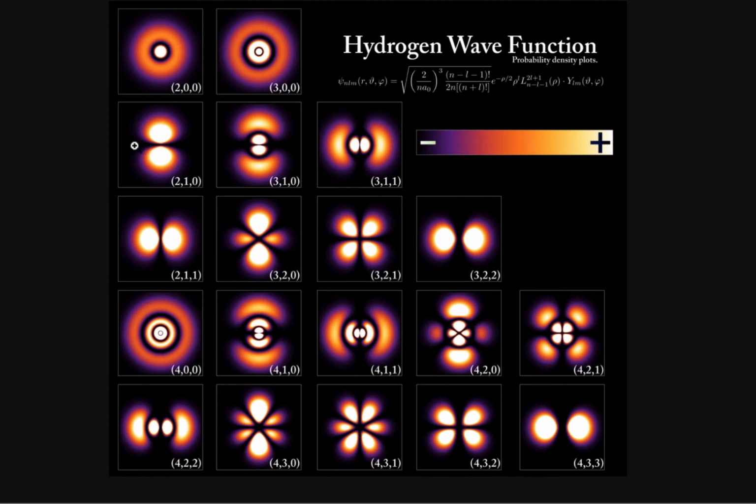And we have angular nodes that look like just a dividing line, so maybe like a plane if we were in 3 dimensions, or just a line. So take a moment here and look at this beautiful picture and try to identify for yourself some of the nodes that are here.